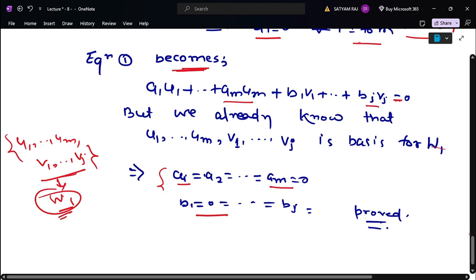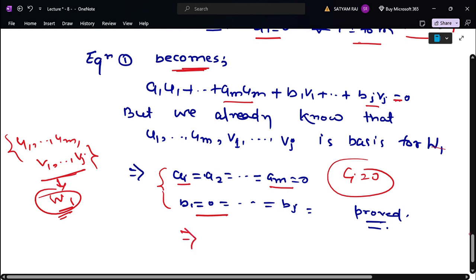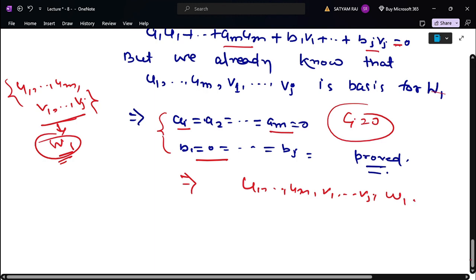And we have already got that Ci's are zeros. This will imply that U1 to UM, V1 to VJ, and W1 to WK is Li.